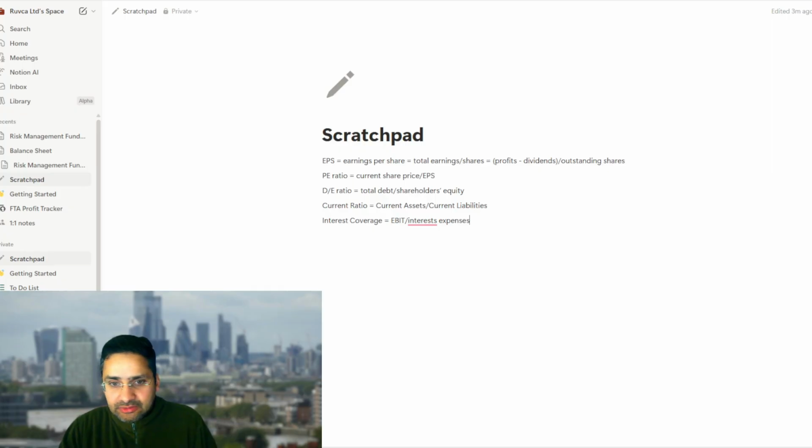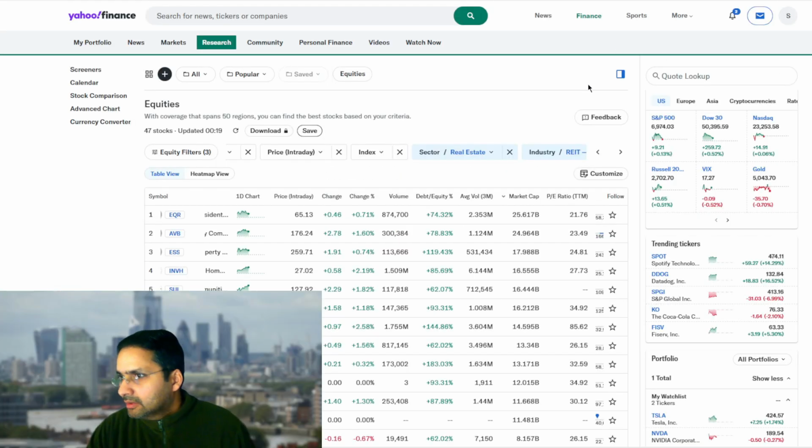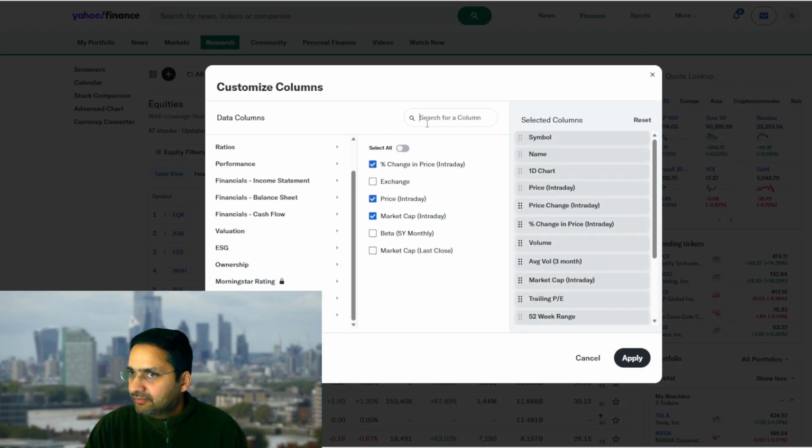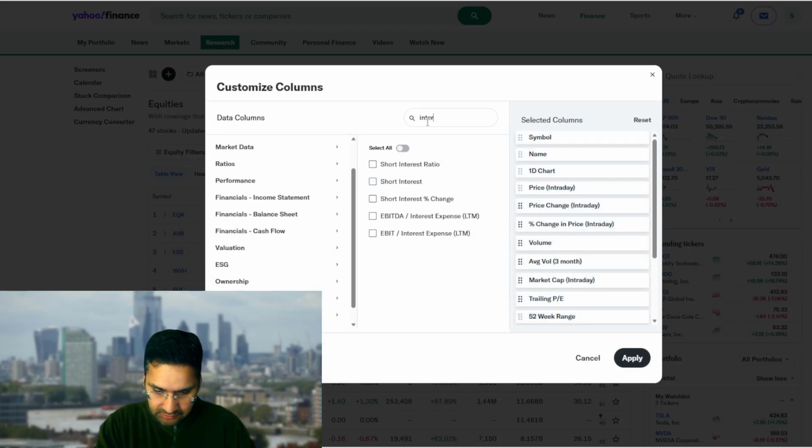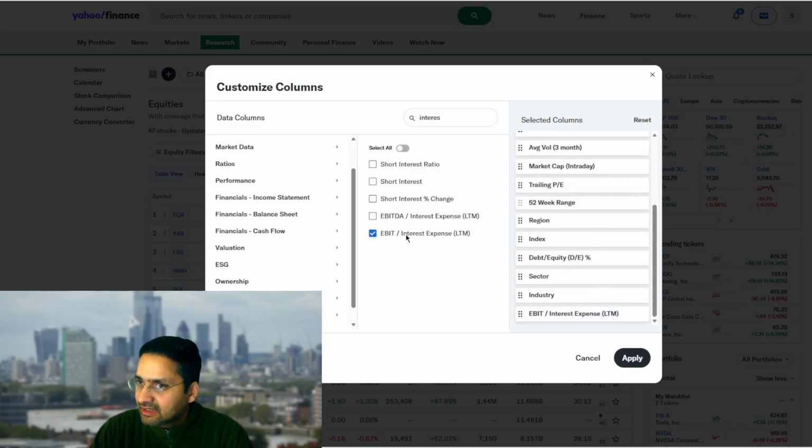Now how does this look in Yahoo Finance? In Yahoo Finance, you might not be able to find interest coverage by name, but this is basically interest coverage, which is earnings before interest and taxes divided by the interest expenses.